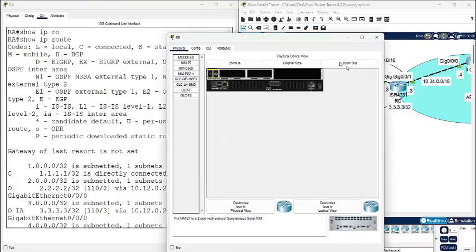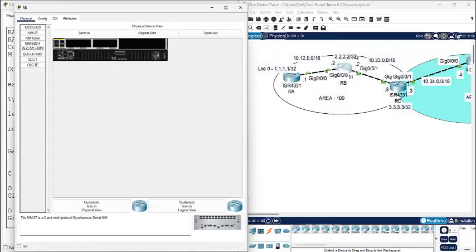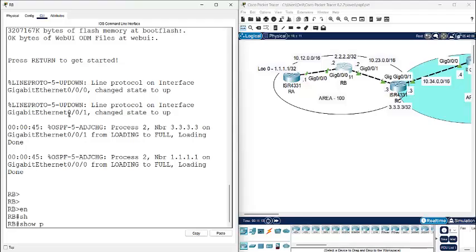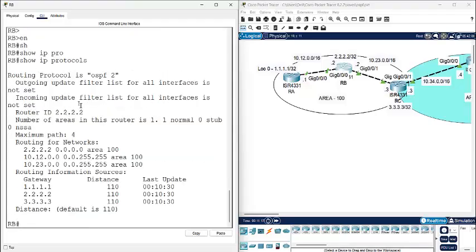If you go to router B, router ID is dynamically picked from the loopback interface. Show IP protocol, you can see that. You see the router ID is 22222. We did not assign, it is dynamically picked. Always it picks the loopback interface address. If you don't have loopback interface address, then it would have taken the biggest IP address from the physical interface.